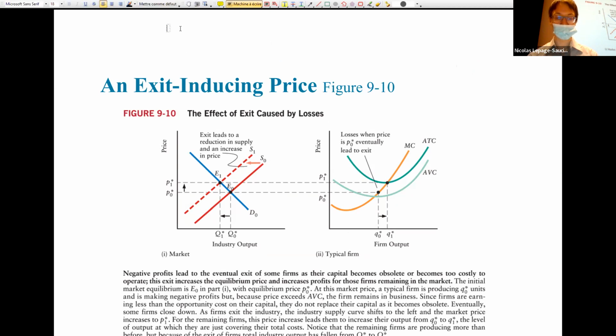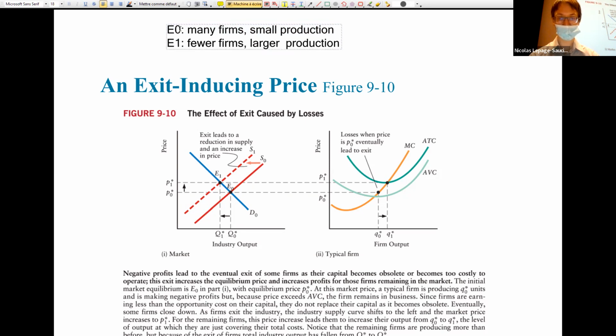So at P0, many firms, more production, and at E1, fewer firms and larger production. So that's how they are able to make money. Of course, if you're a firm, then the more you produce, the better things are for you.